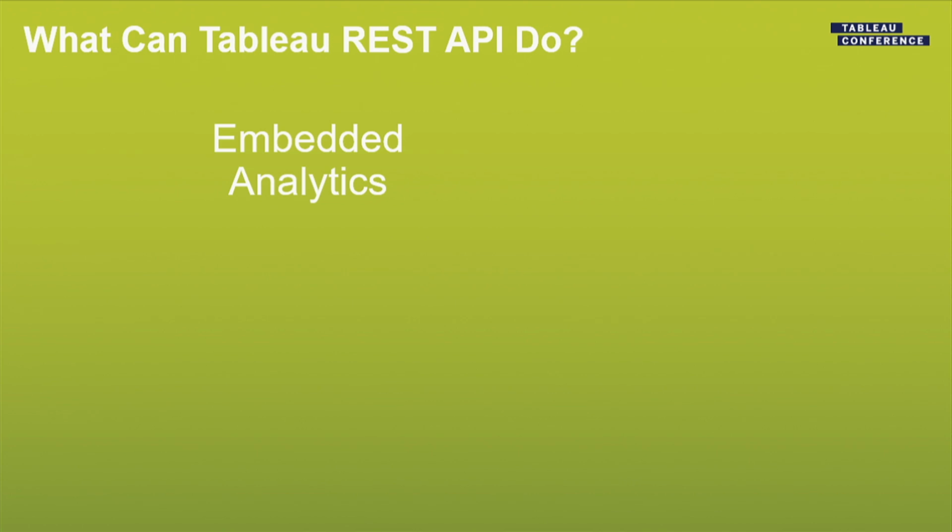So now let's talk about the use scenarios. Firstly, the REST API can help you with embedded analytics. When you are using the embedding JS API to put Tableau visuals into your custom portal or your mobile application, you can use the REST API along with that to control your content and manage it throughout your own customized portal.